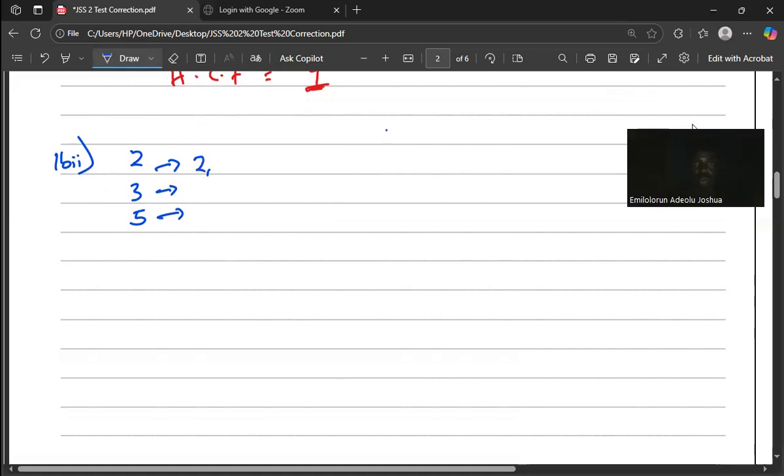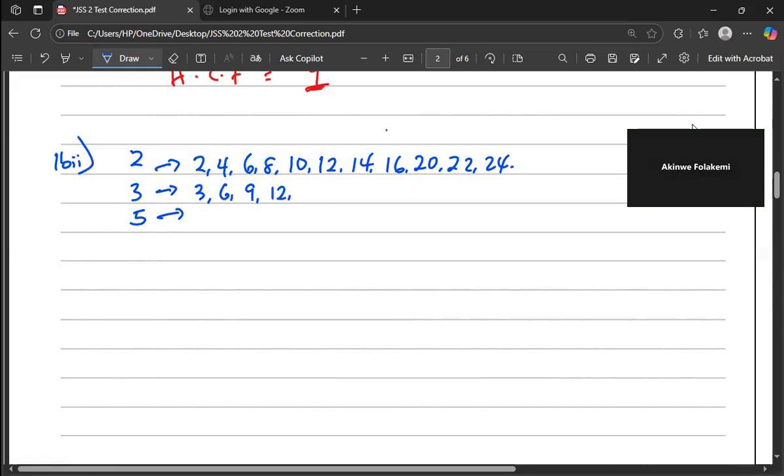The multiples of 2 are 2, 4, 6, 8, 10, 12, 14, 16, 20, 22, 24. For 3 is 3, 6, 9, 12, 15, 18, 21, sorry, I'm rushing, it's because of the time, 24, 27, 30, and 36.